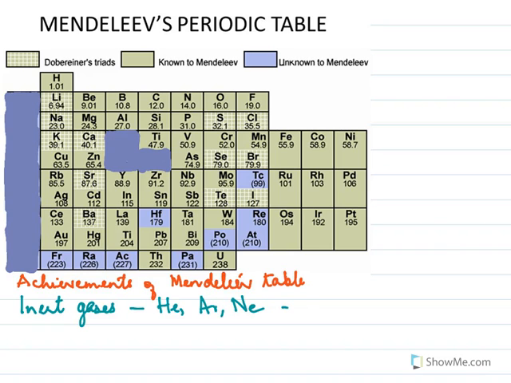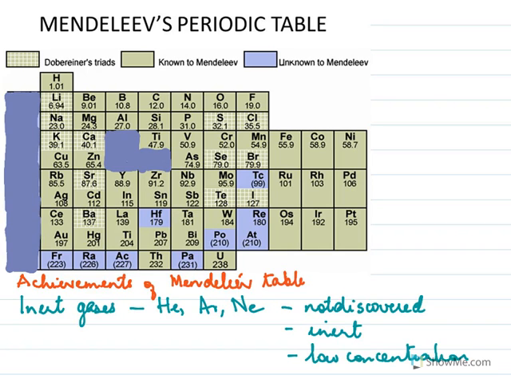When Mendeleev made his table, the inert gases were not discovered. And why were they not discovered? Because first they were inert, they did not react, and they were in very low concentration in the air. So they were not even known.